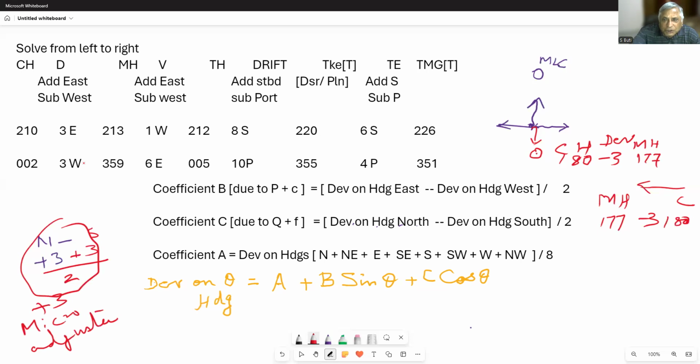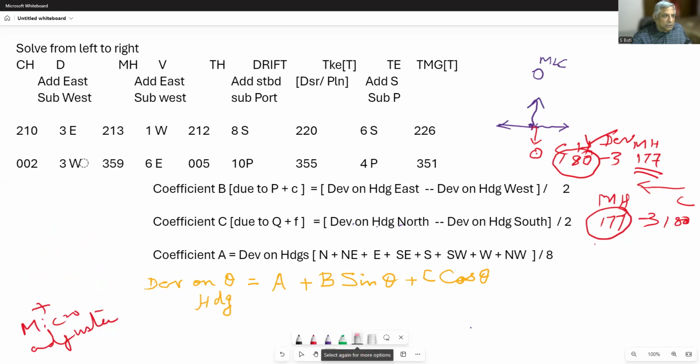At this time, your magnetic heading is 177. After applying the correction, your compass heading is 180, I beg your pardon. After applying this correction, your compass should start reading 177. That means coefficient C has been corrected, right?